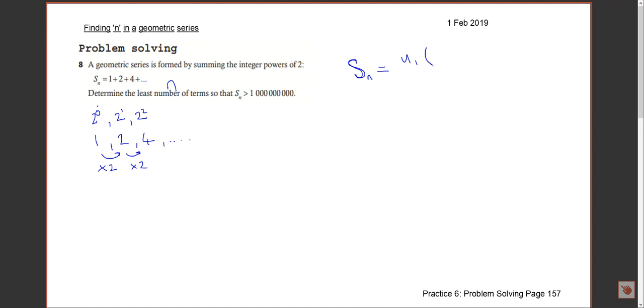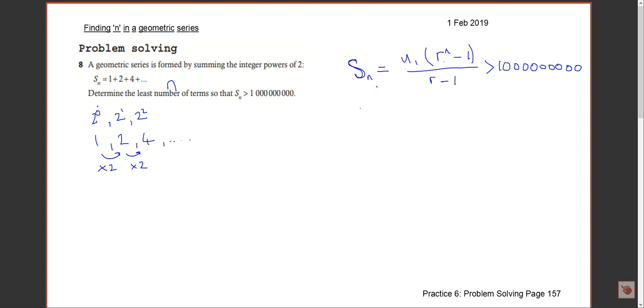U1 multiplied by R to the power of n minus 1 over R minus 1. And we want this so that it is greater than 10 to the power of 9. Okay, so we've put in everything we know.